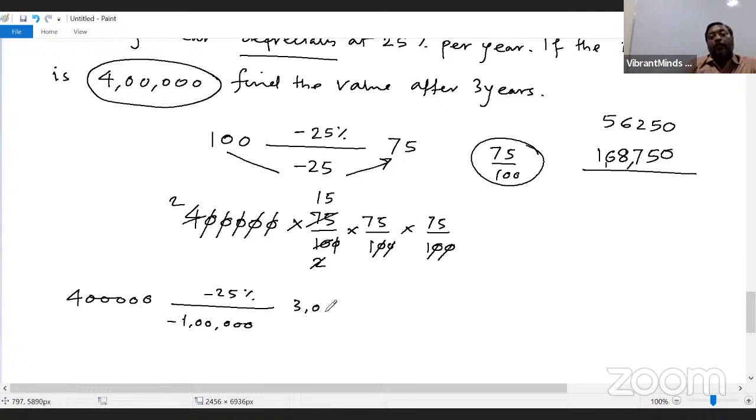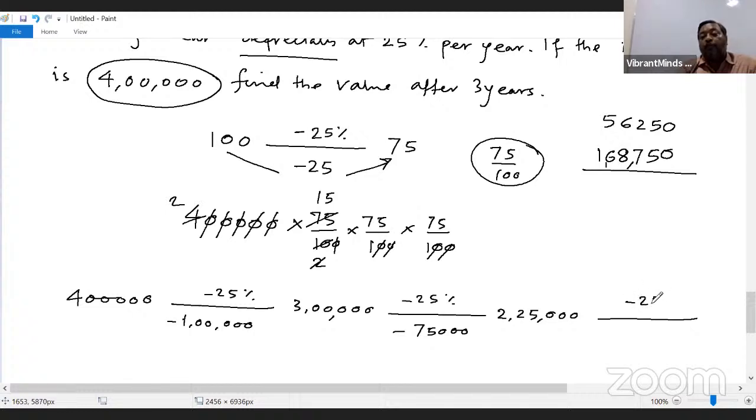So the value now becomes 3 lakhs. Again, minus 25%. Minus 25% means, now see, 1/4 of 3 lakh, so it is 75,000. So the value now is 2,25,000.